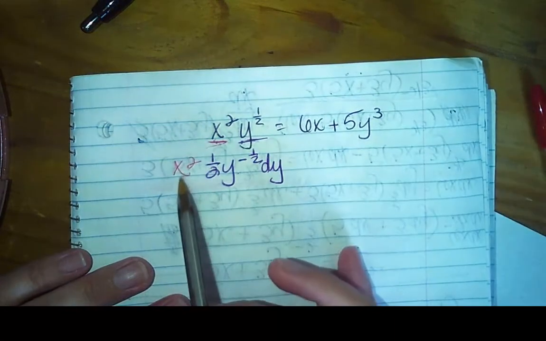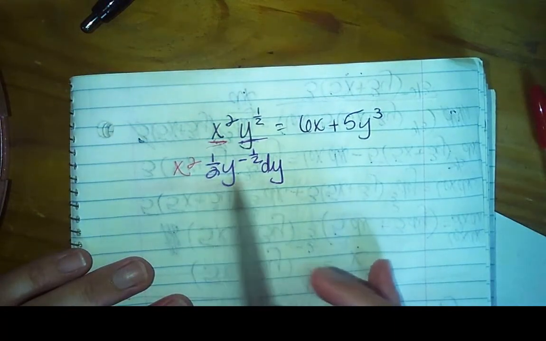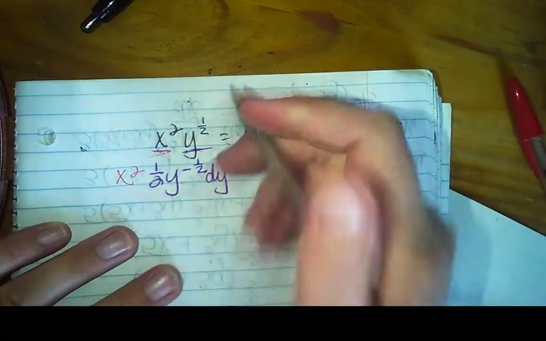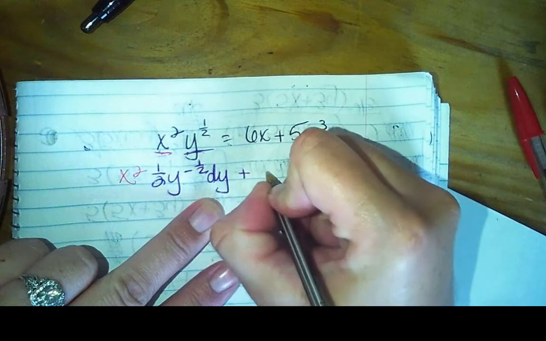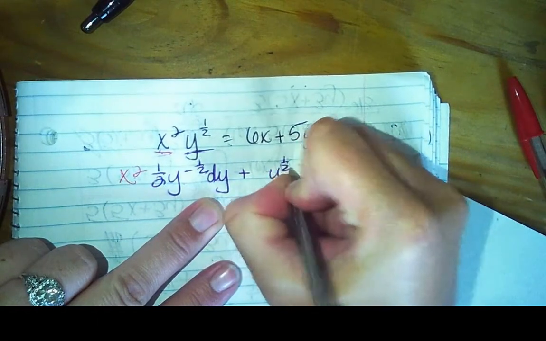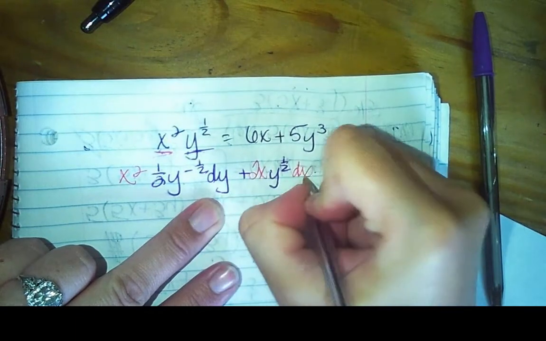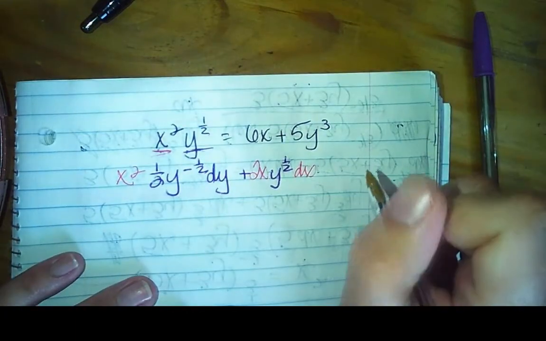Okay, so first times the derivative of the second plus the second, which is y to the 1/2, times the derivative of the first, which is 2x dx.